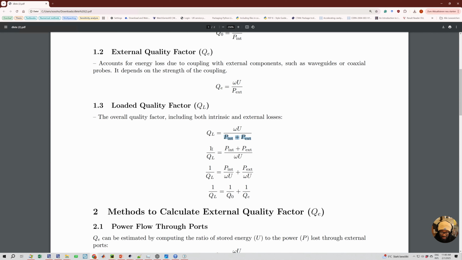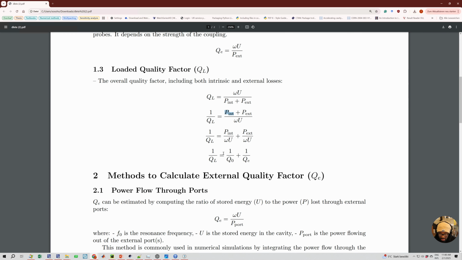If we invert this, then the inverse of Q loaded, as we define it now, is the internal plus external power, and we could split that. Then we have this nice relation that the inverse of the loaded quality factor is equal to the inverse of the intrinsic quality factor plus the inverse of the external quality factor.